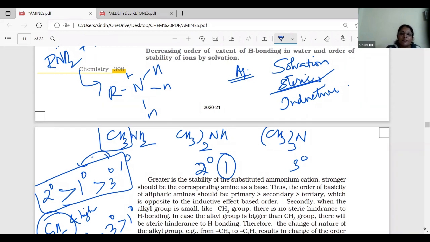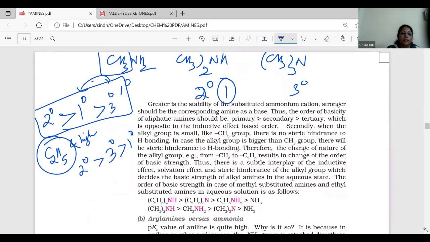Whenever order comes in, the child should know where it applies. So this is always 2, 1, 3, whereas for this, it is 2, 3, 1, for ethyl or higher. So it's a subtle interplay of all the factors. In which case, what is dominating? That we have to tell the children.